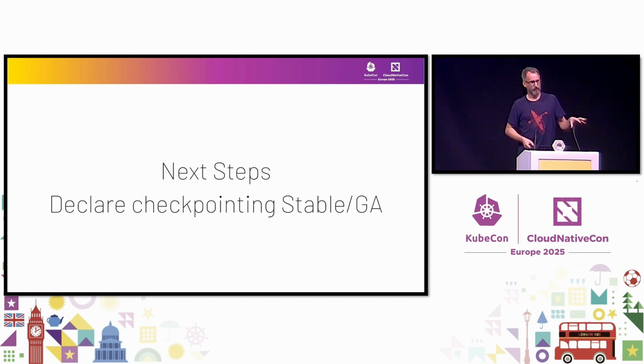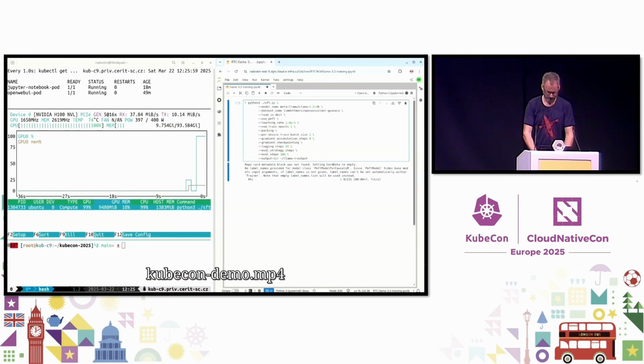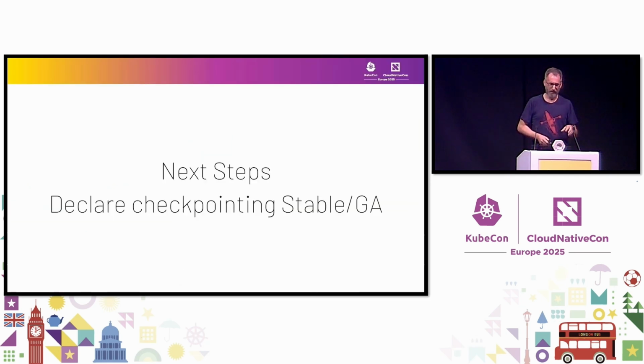The next steps we are thinking about, and we also discussed this with, I think, SIG Node. Yeah, SIG Node it was. Can we declare the checkpointing API as stable in the kubelet? So basically finish the forensic container checkpointing feature, move it from beta to stable GA.